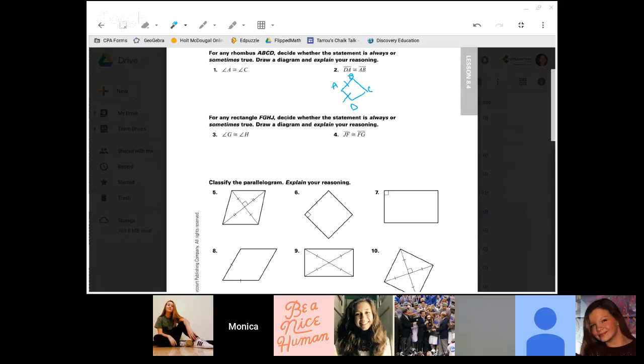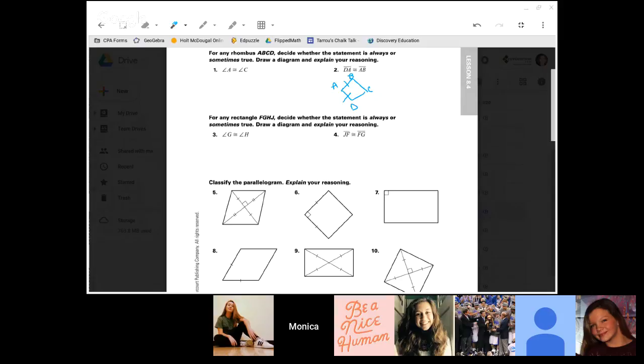Okay, so for number 2, your answer will be always, and it's because a rhombus has 4 congruent sides. Does that make sense? Okay, now let me pull up the bookwork, okay?